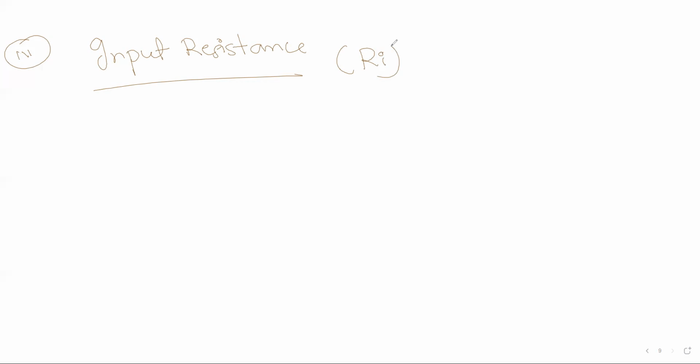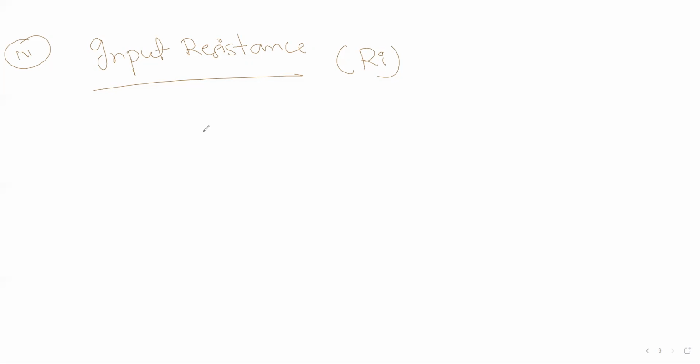That would be the input voltage upon the input current, isn't it? Here, for determining the resistance, we reverse the polarity of the current control voltage, that is control voltage means V pi, which reverses the direction of the dependent current source.